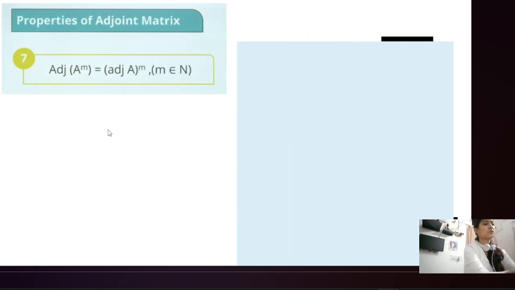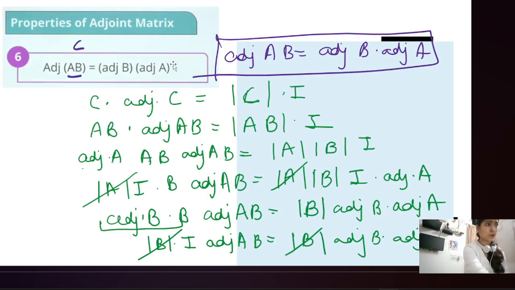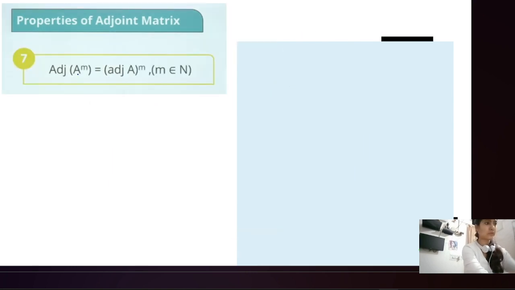Yeah, so this is adjoint of A to the power m. So we can use this property to prove this property. Okay, so we know that adjoint of A, let us suppose A and A, okay, 2.